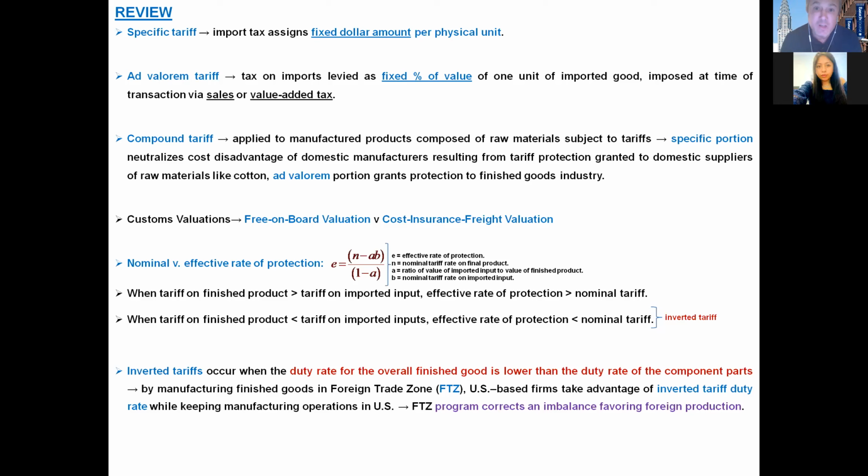We used the example of a lawnmower the other day. The imported input had a duty of 5%, as opposed to the lawnmower, which had a 0% tariff. So you might as well import the, excuse me, just one second, hold on.